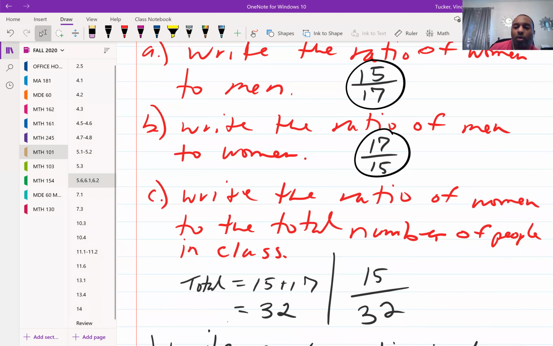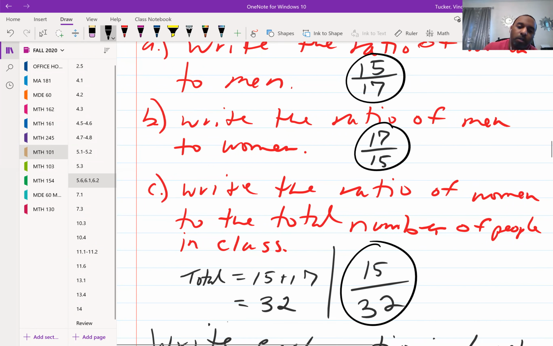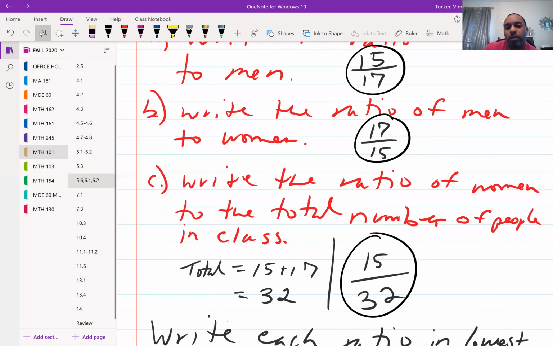So the ratio of women to the total number of people in the class, you'll find the total number of people by adding 15 and 17, getting 32. Then you put 15 over that 32 as a ratio of women to the total number of people in the class. All right. Questions? Any questions?